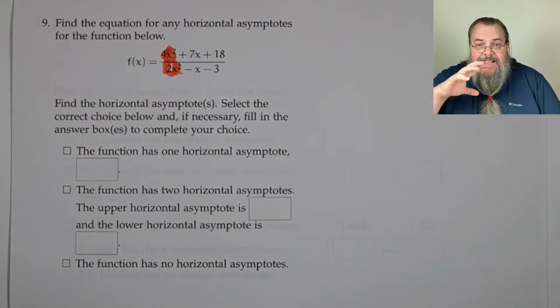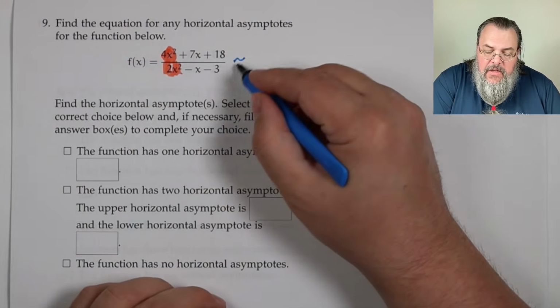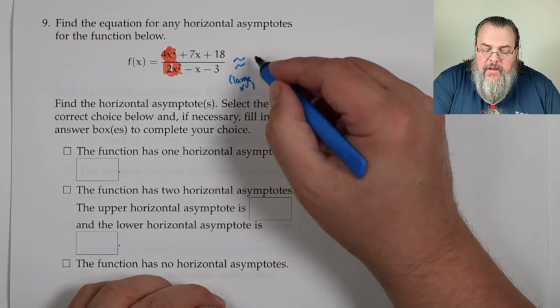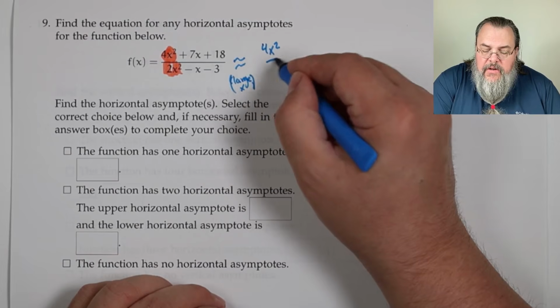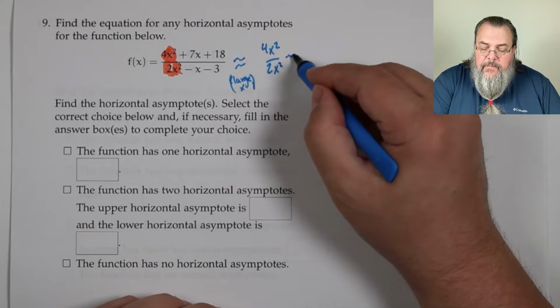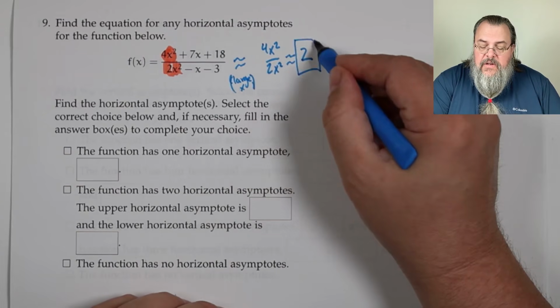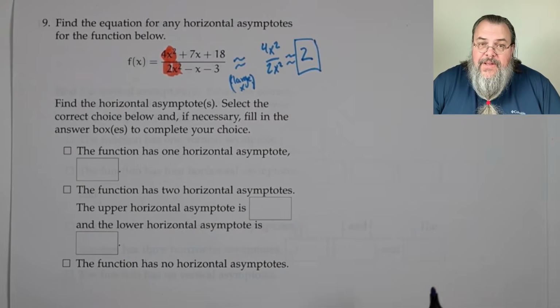So if you look at the leading pieces, this is approximately, for large x, 4x squared over 2x squared. Everything else is small. So this is approximately 2. So that says our only horizontal asymptote is 2.